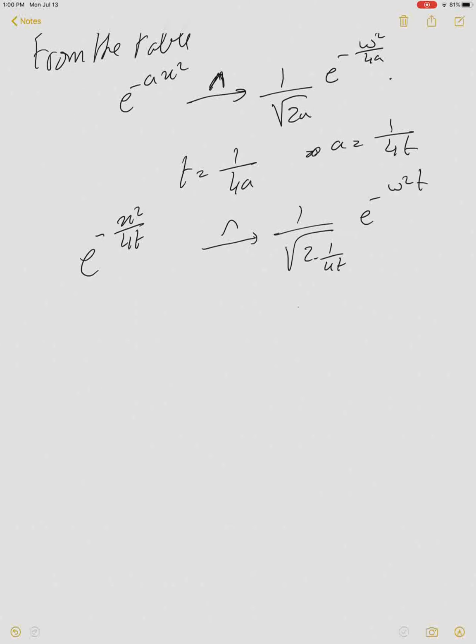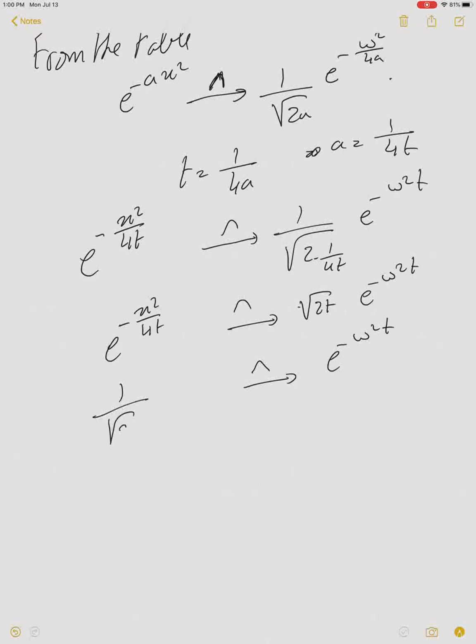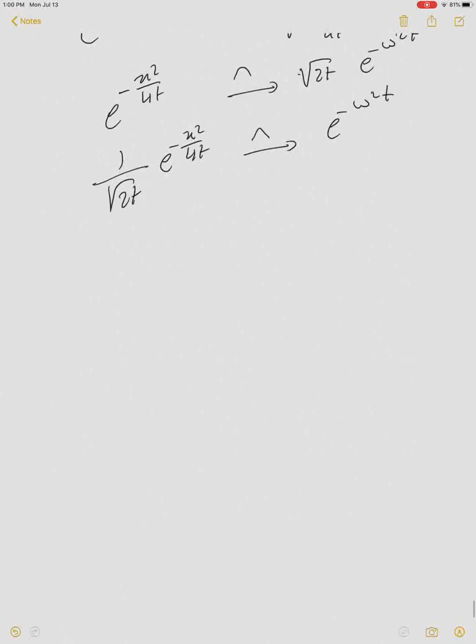And now this implies that e to the minus omega squared t is 1 over square root of 2t e to the minus x squared over 4t.